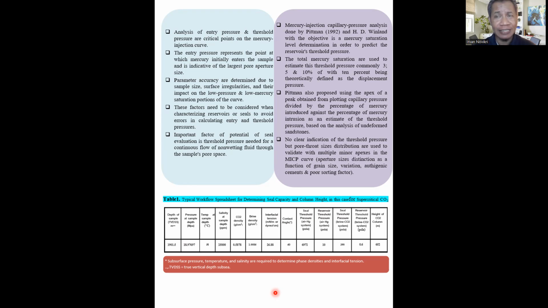Additional techniques such as thin section petrography, grain and pore size distribution analysis, and also lithofacies identification are also utilized to a lesser extent.